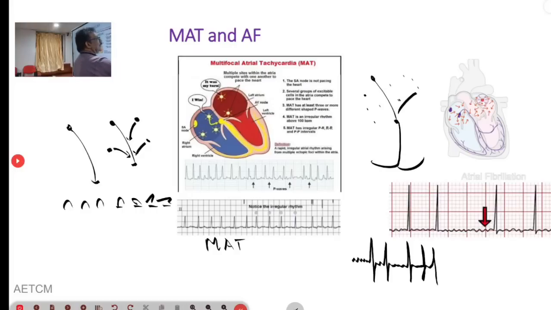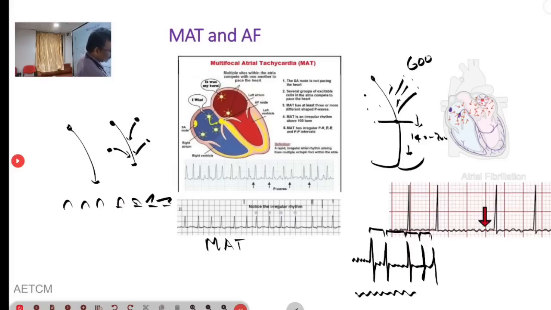They all fire electricity at a rate of more than 600 firings per minute, and all the 600 will never go to the ventricle. Around 140 to 200 may go to the ventricle in an irregular manner. That's why you are getting irregular QRS complexes and the wavy baseline. Baseline is wavy because it is not a single focus, multiple foci. So this is called atrial fibrillation.